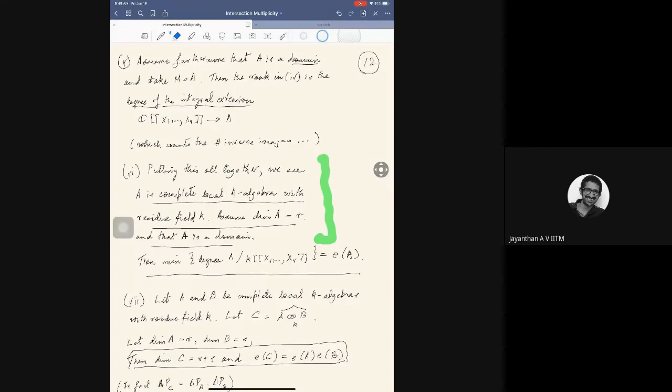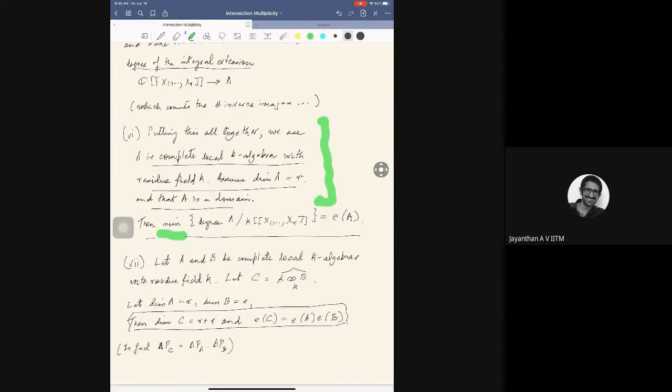So if you ignore the phrase most of the time, one says the minimum is actually equal to that. Okay. So that is what has been going on.